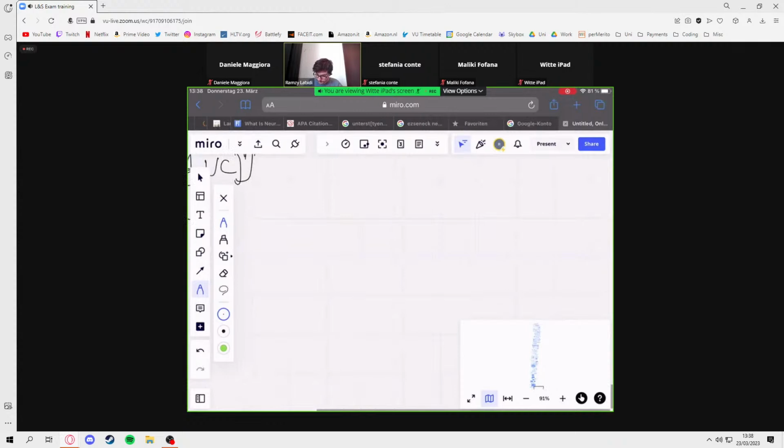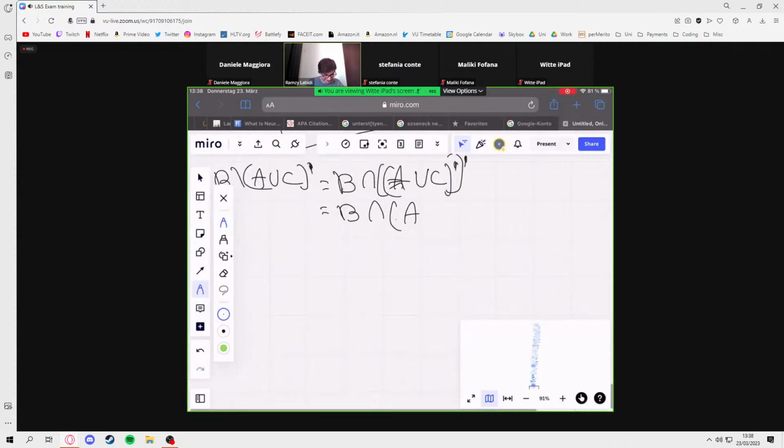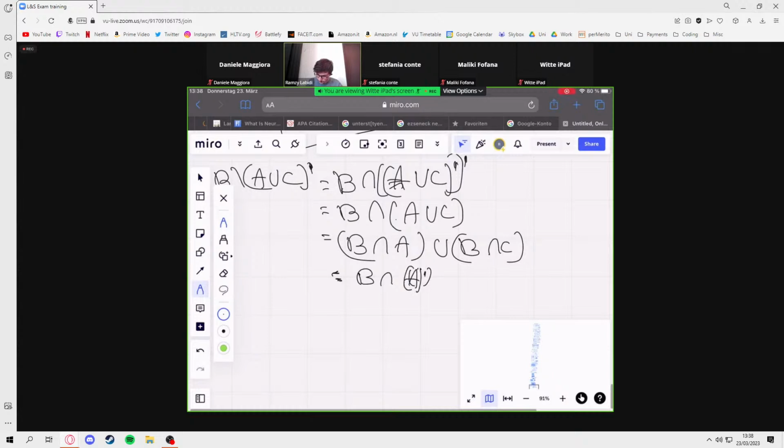And then, of course, it opens up, and then you can basically distribute them, and then by definition, we say that we're taking the complement of the complement to take the original A. This is union.